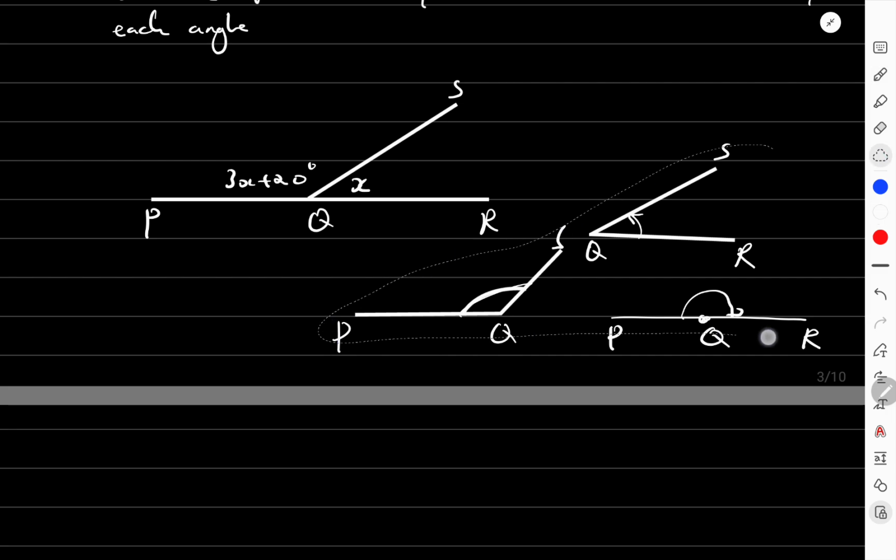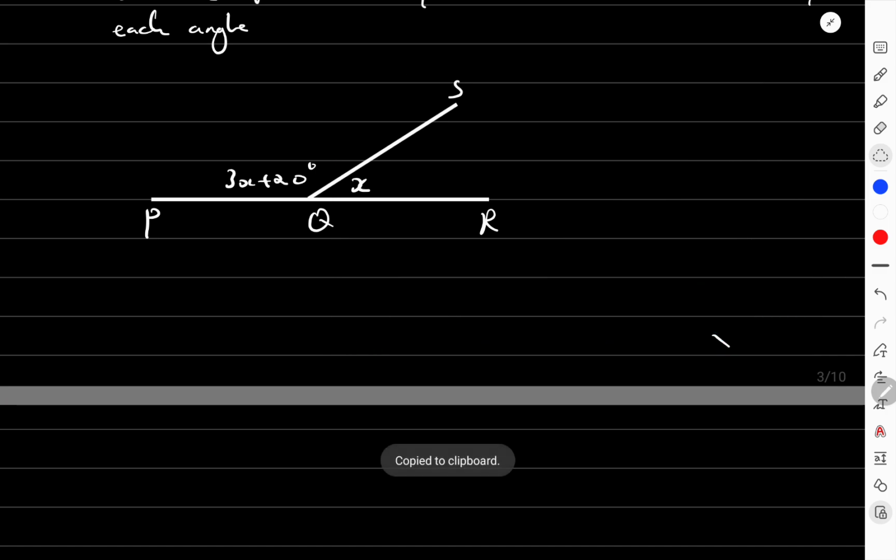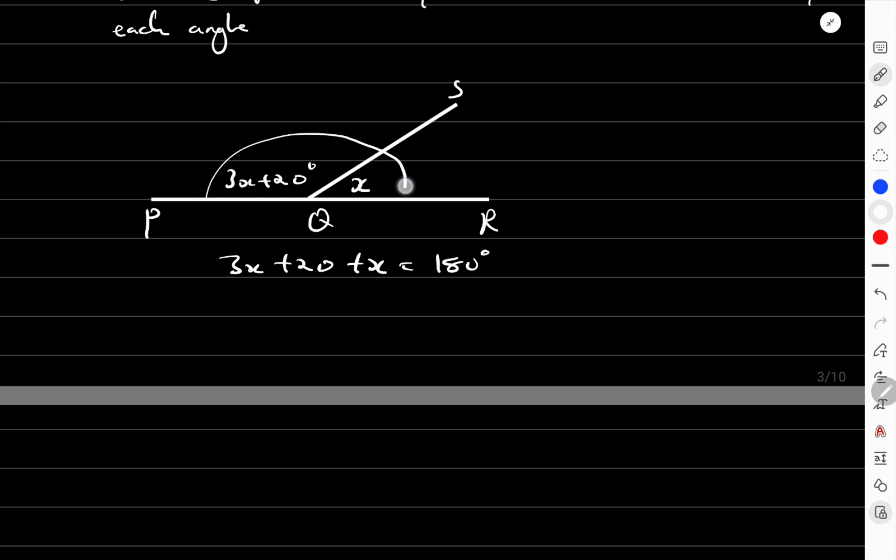Therefore I'm going to have 3x plus 20 plus x combined supposed to give me 180 degrees, because all of these angles are within a line that does not curve. Therefore the reason is angles on a straight line, sum of angles on a straight line.